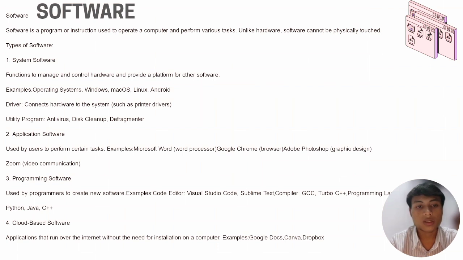Function: to manage or control hardware and provide a platform for other software. Example: operating systems, Windows, MacBook OS, Linux, Android. Drivers connect hardware to the system such as printer devices, utility programs, antivirus.